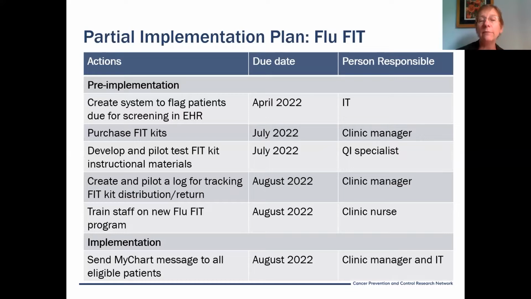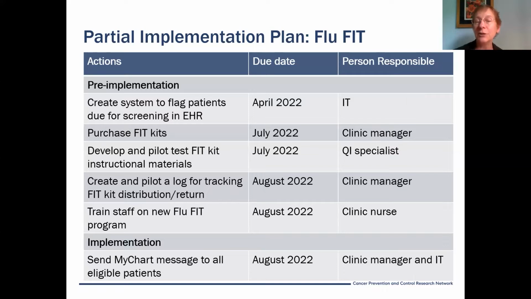So here you have, to the left, you see the actions that need to be completed, and there's actions that need to be completed pre-implementation and then implementation. This is only part of a plan. It's not a complete plan. It's just to give you a sense of what it looks like. So for each of those actions, there's a due date and there's a person responsible. And the IT is for information technology person.